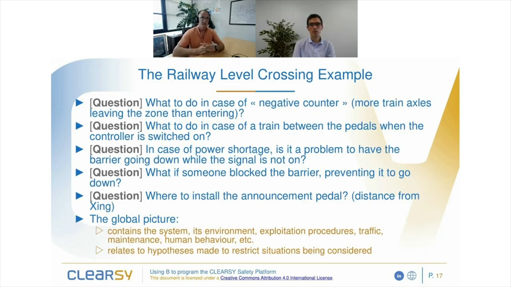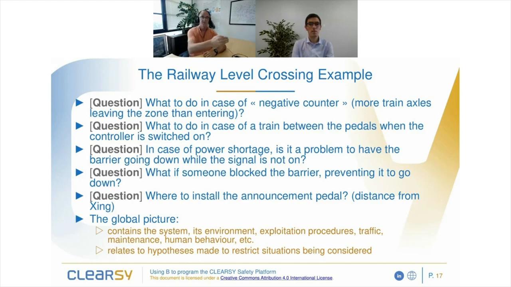So we also have a number of questions or subjects to consider. We will not answer these questions, but just to show that it's not only a question of the algorithm that we'd like to formalize and implement. For example, what happens in case of negative counters? Is it possible to have more train axles leaving the zone than entering? So many ideas.